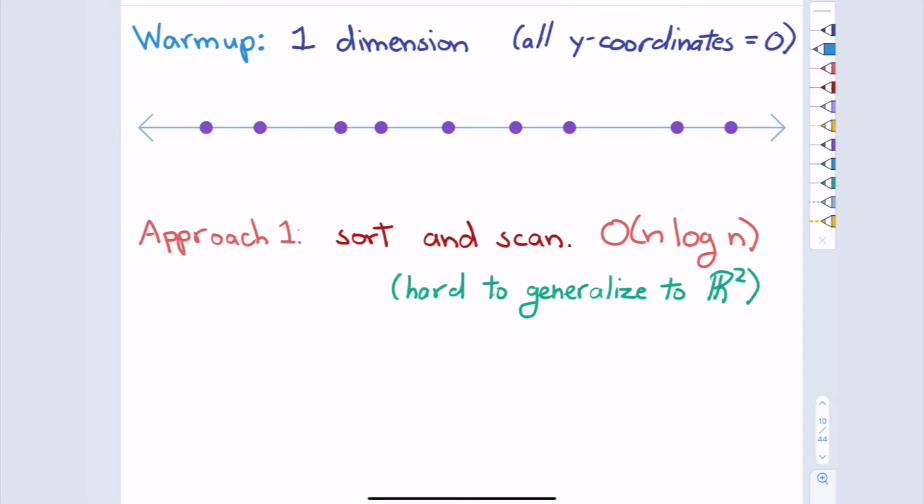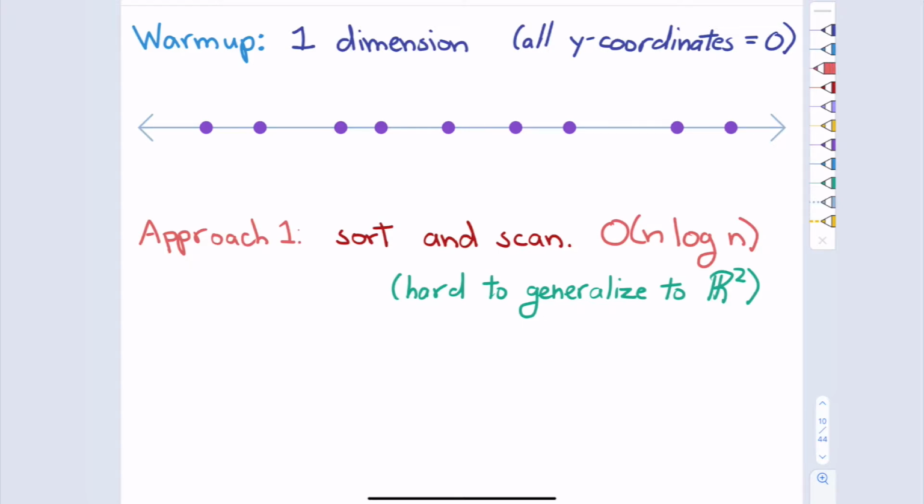If I told you I was going to try to divide the point set in half, what's a natural way to try to divide the point set in this one-dimensional case? Yeah. Okay, the median. Okay, good.